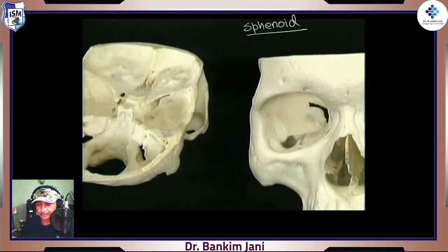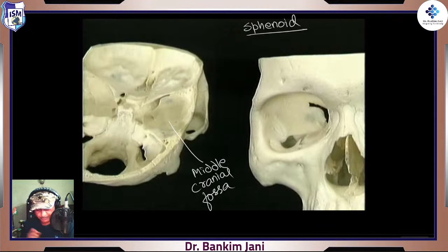If we are dealing with sphenoid bone, then that means we are talking about this middle cranial fossa. If that is middle cranial fossa, one very prominent thing which is seen is that there is a big gap, right? There is such a big gap.